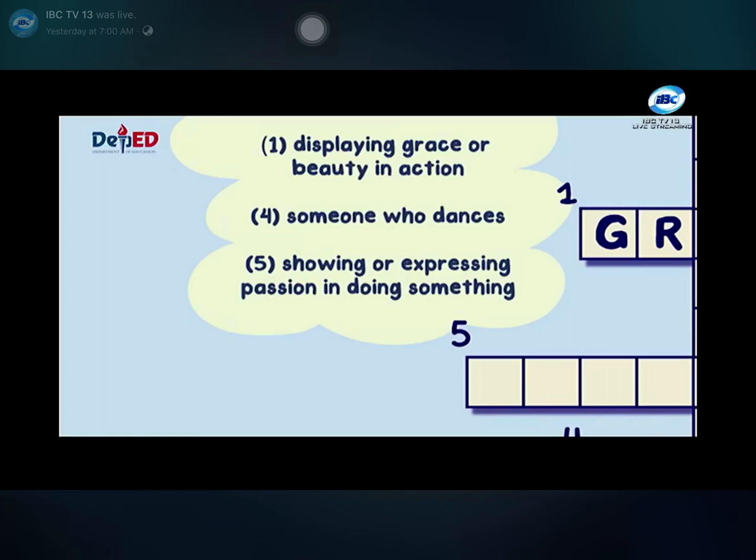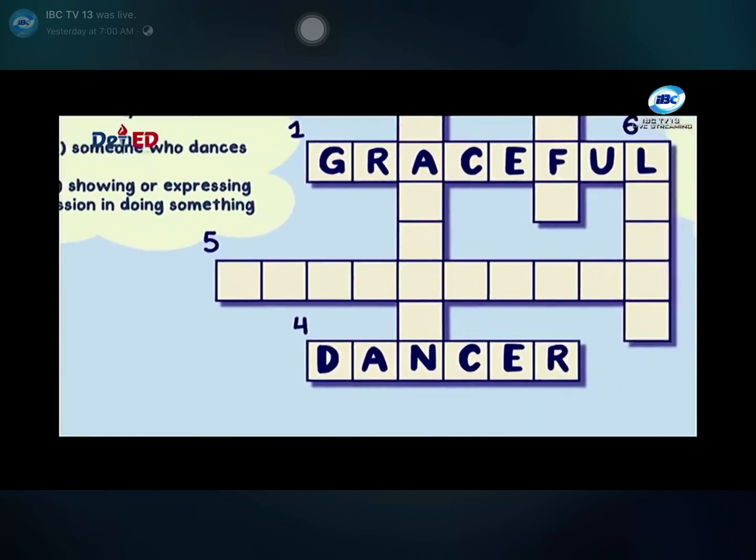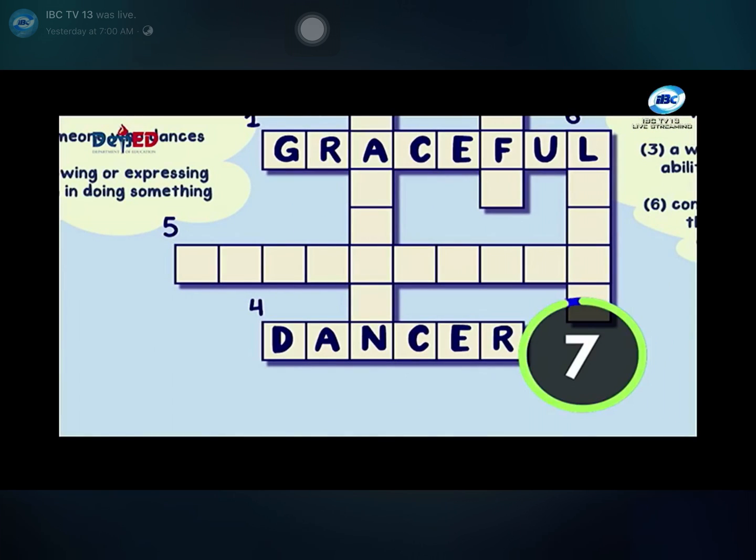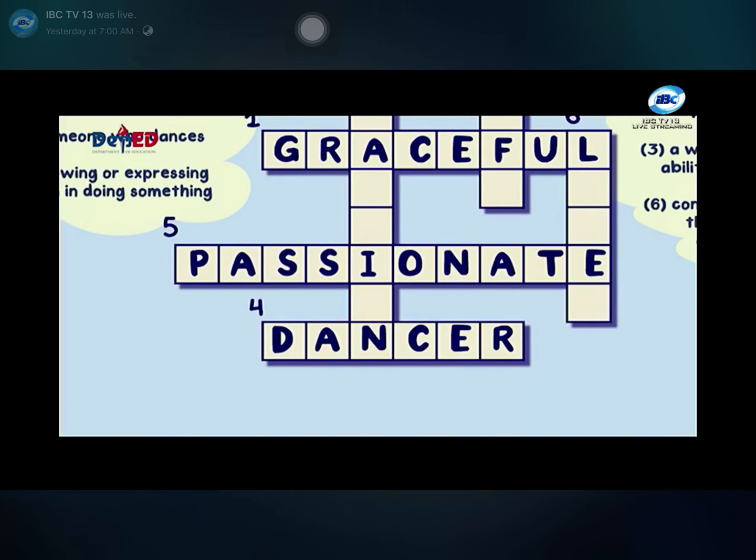For number 5, the word that we are looking for means showing or expressing passion in doing something. If you're thinking of passionate, then you got it.